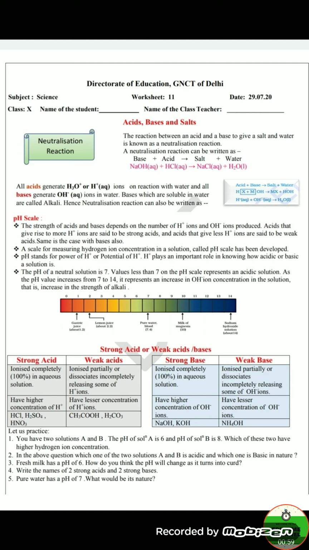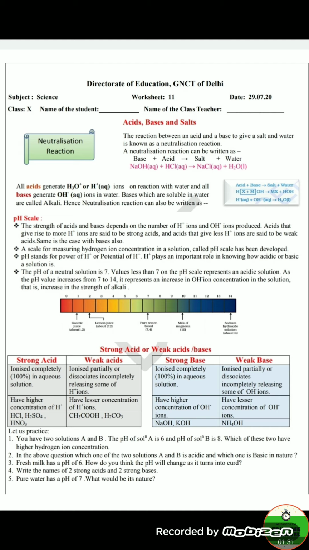Student, in the right side of your worksheet, a very small box is there in which it is written acid plus base gives you salt and water, and below that HX plus MOH. They have shown you how this salt and water form.